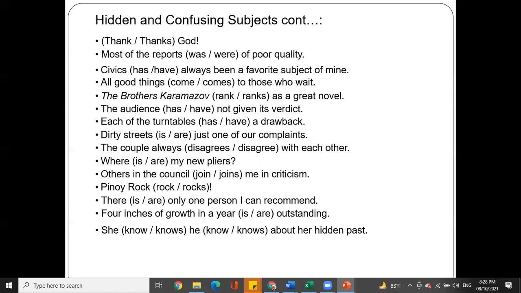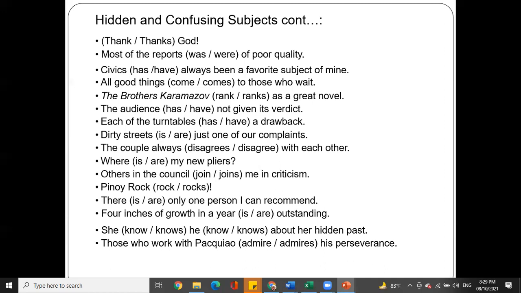One more slide. Most of the reports were of poor quality. Were. All, any, more, most, none, some. Those who work with Pacquiao admire his perseverance.